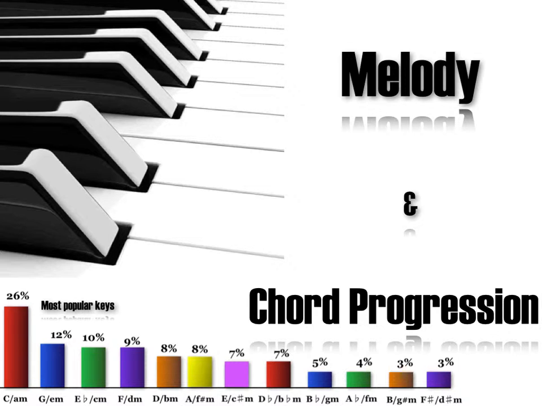So if you're choosing a chord progression, I've listed out multiple popular keys that people like to play in. The key that I love to play in is F sharp, and also C major, C minor, and also G minor.